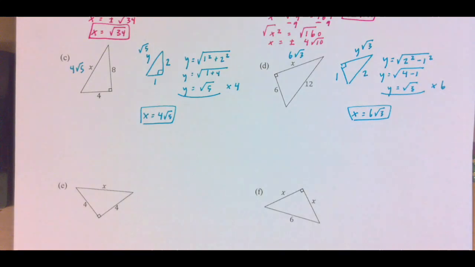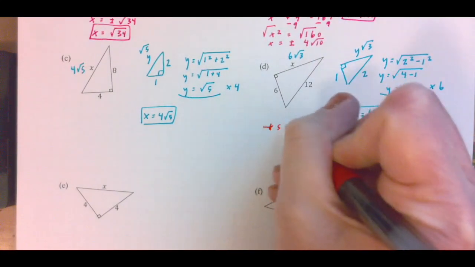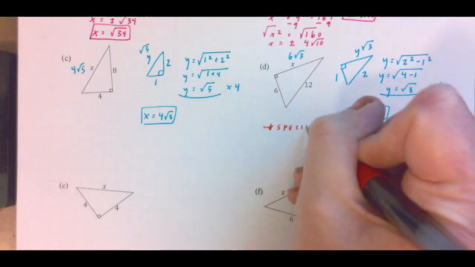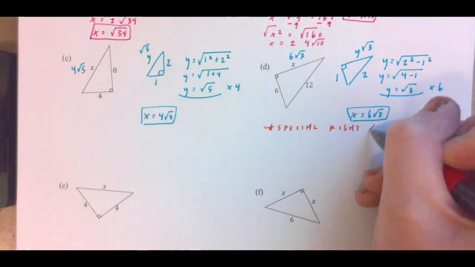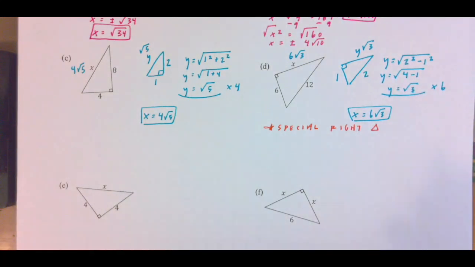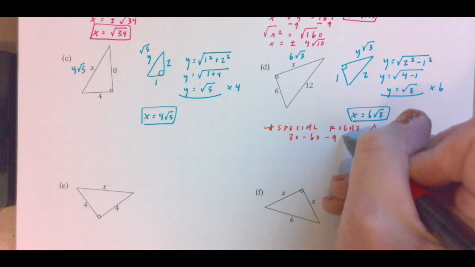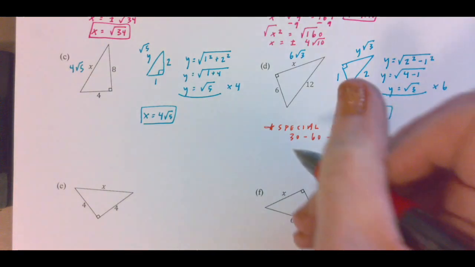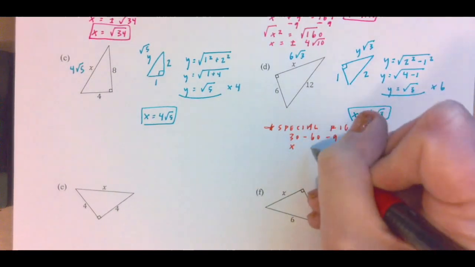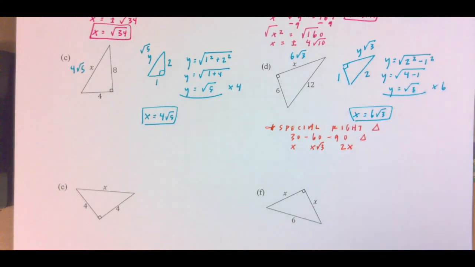Okay, one more thing to point out, just to foreshadow where we're heading with this. I'm going to remind you about a special right triangle. This particular one is a 30, 60, 90 triangle. We use them a lot in geometry. When it's a 30, 60, 90, the short leg is x, the longer leg is x root 3, the hypotenuse is 2x.